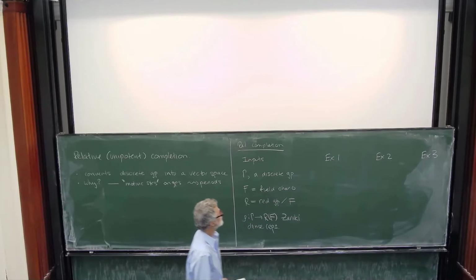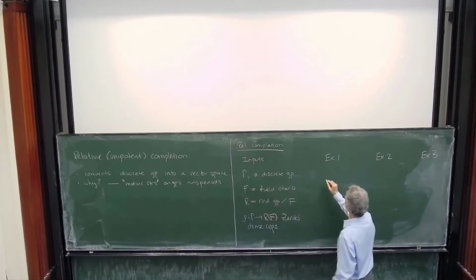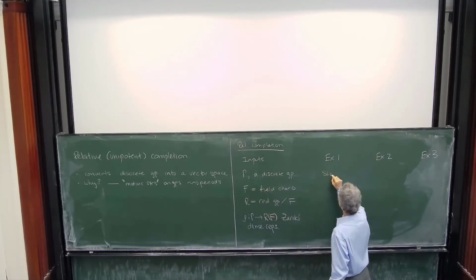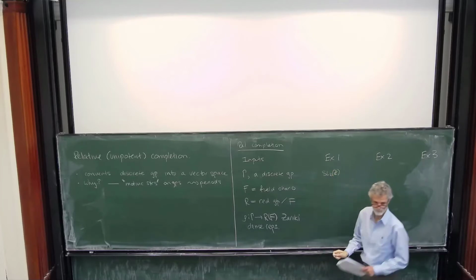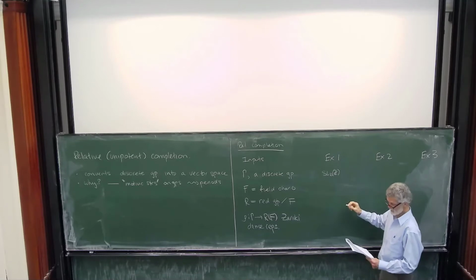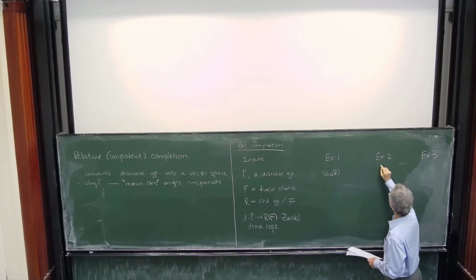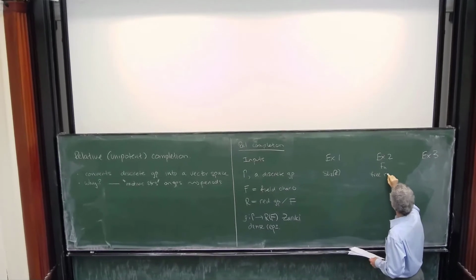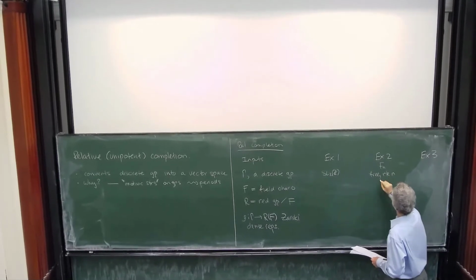All right, so example 1, and this is the one I want to focus on because it is the relevant one, is going to be SL2Z. The second one, I'll just take Fn, a free group of rank n.